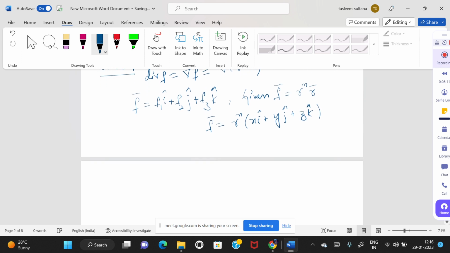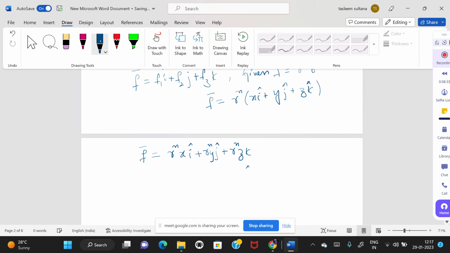Now we'll multiply this r to the power of n through. F vector is equal to r to the power of n into x i vector plus r to the power of n into y j vector, plus r to the power of n into z k vector, where my f vector is equal to f1 i vector.